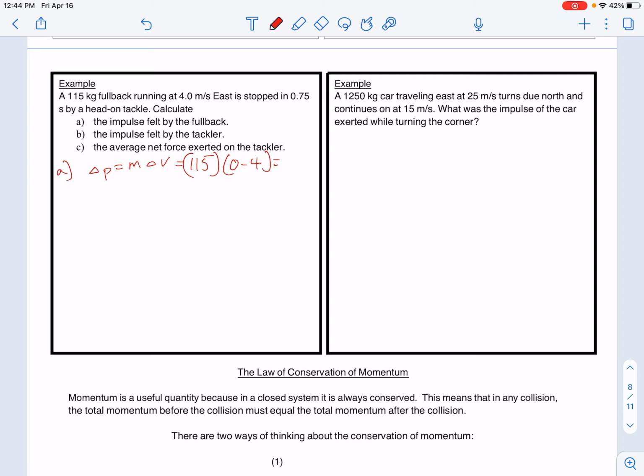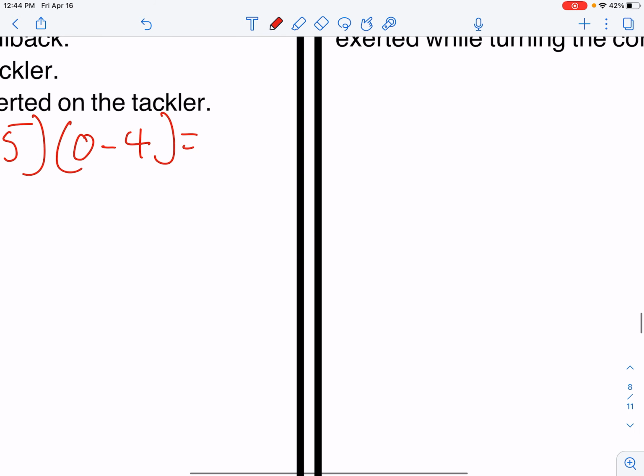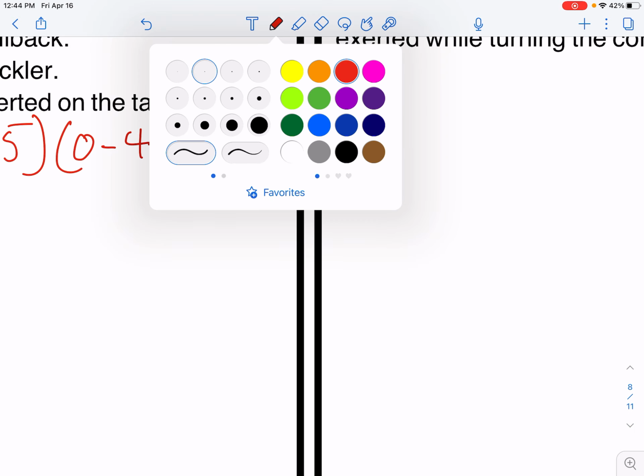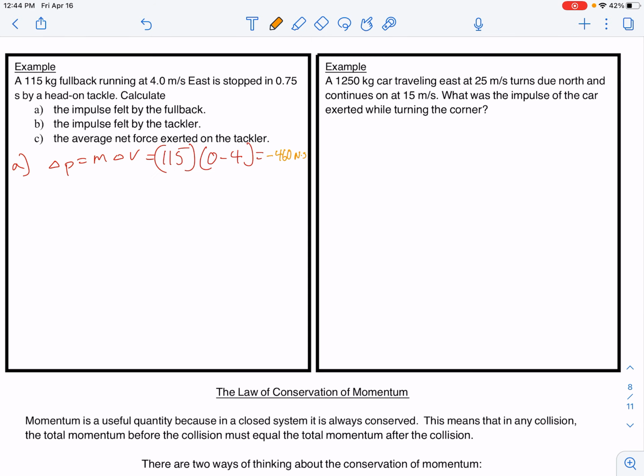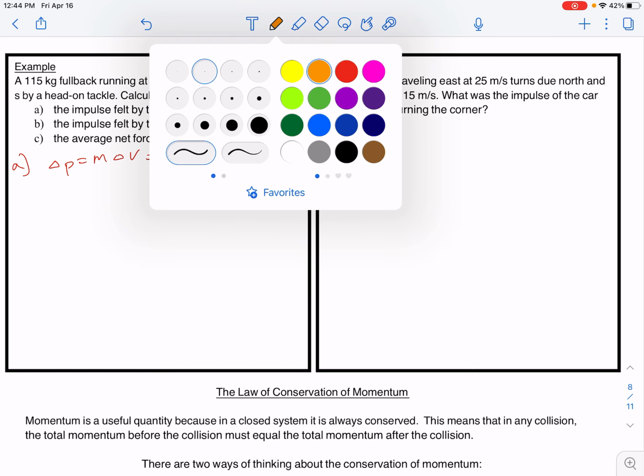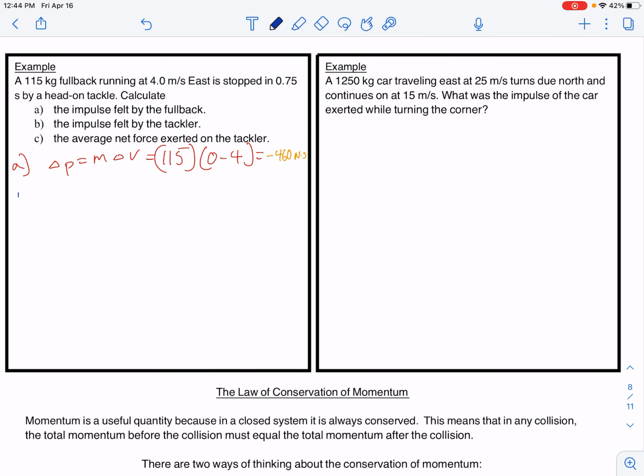All right, so we're going to get a change in momentum or impulse of negative 460, I'm going to say newton seconds. All right, next problem, B.